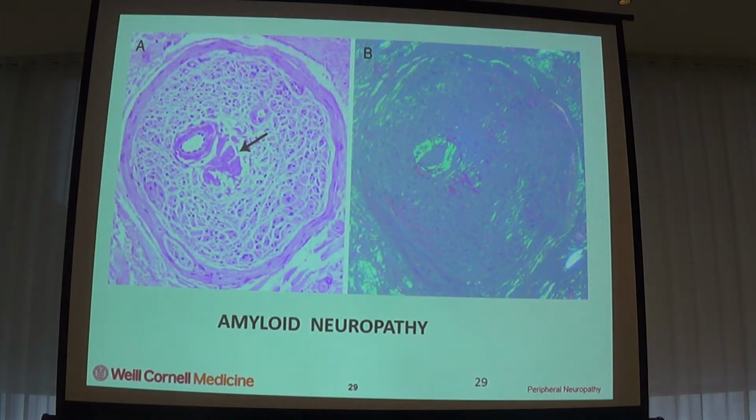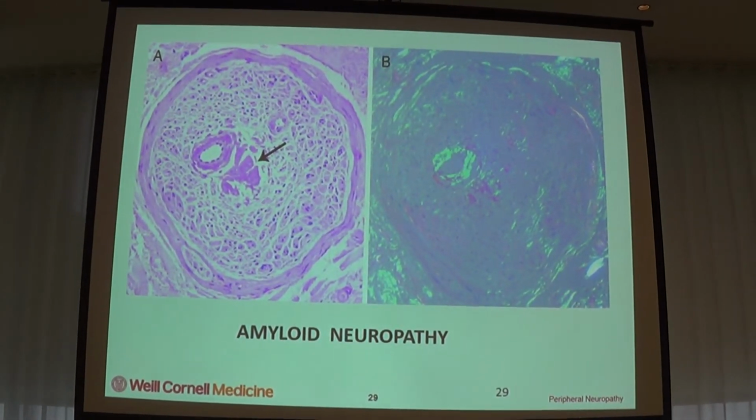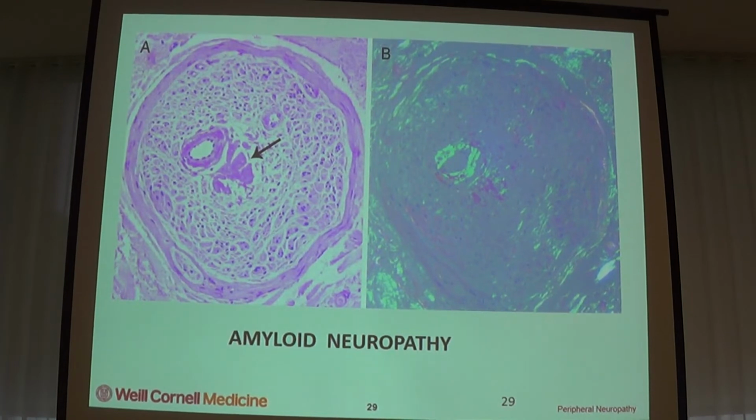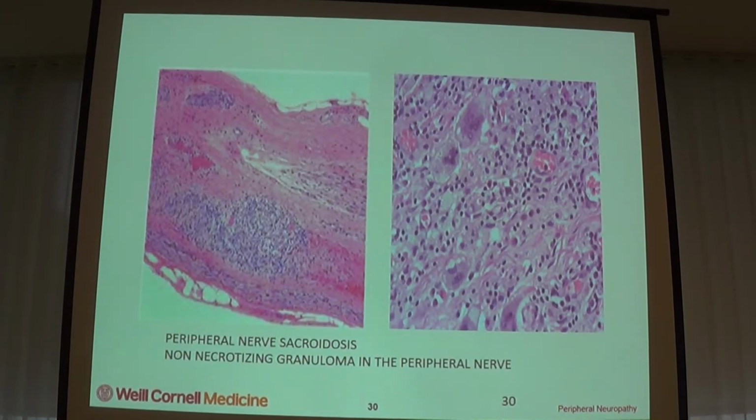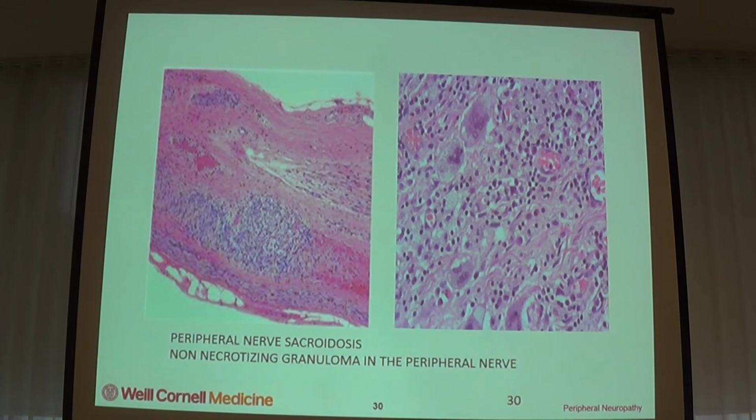Sometimes you see deposits of something called amyloid. It's usually associated with abnormal immunoglobulin light chain in the blood, which is an abnormal protein, but sometimes it's in small concentrations in the blood, so you could miss it, but the biopsy would pick it up. Sometimes there's something called sarcoidosis, which are inflammatory granulomas, which can affect most frequently the lungs, but sometimes affects just the nervous system, and you can only identify it by nerve and muscle biopsy.